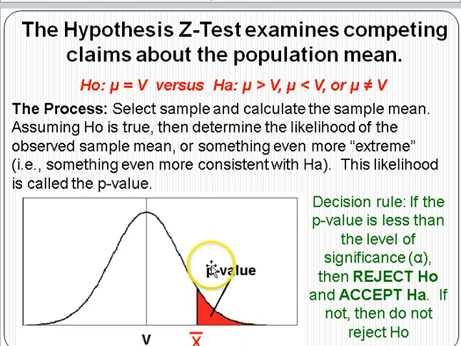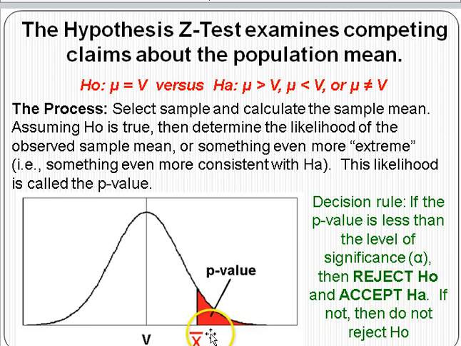So we determine the likelihood of finding a particular sample mean, the one we get from the sample, or something even more extreme, and that likelihood is called the p-value. Then you have what's called the decision rule, which states that if this p-value is less than some stated level of significance, you reject H0 and accept HA.